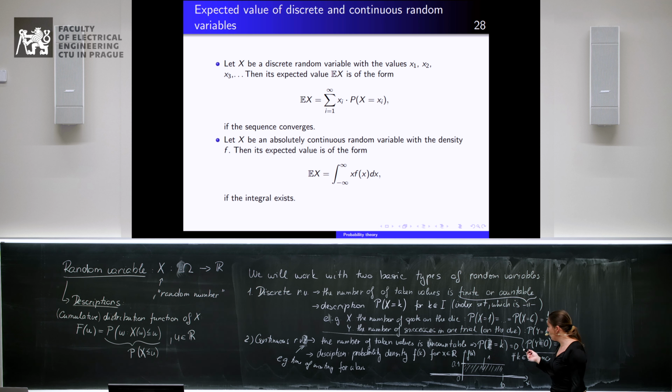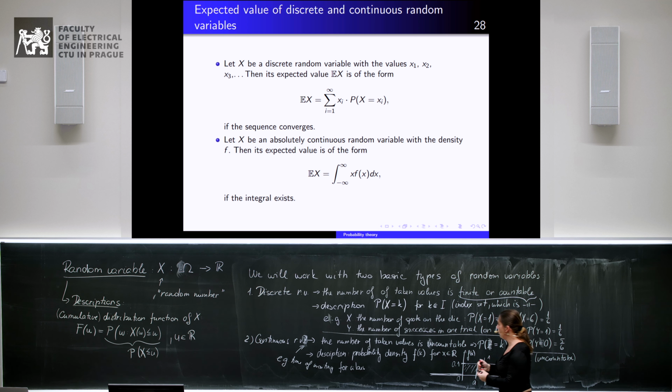And in this case, we calculate the probability that the time of waiting is somewhere between A and B minutes as equal to this area.